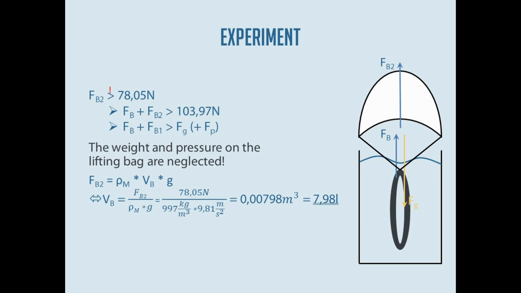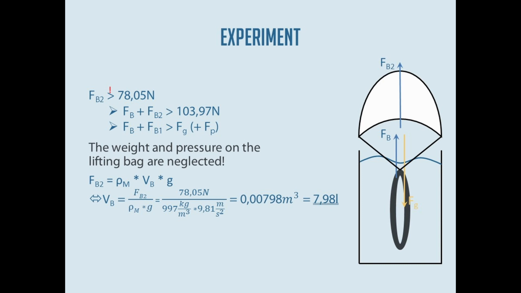The 78.05 Newton of buoyant force to be applied, the freshwater density of 997 kilograms per cubic meter, and the gravitational constant of 9.81 meters per square second. The calculator then gives us a volume of 0.00798 cubic meters, which corresponds to 7.98 liters. In practice, the value should be slightly larger as we have not taken a few forces into account. Now I'm curious to see which of you was right.